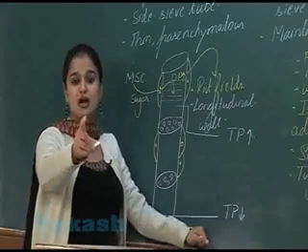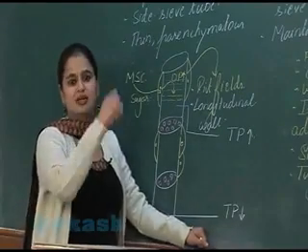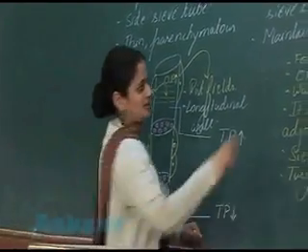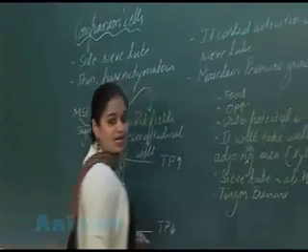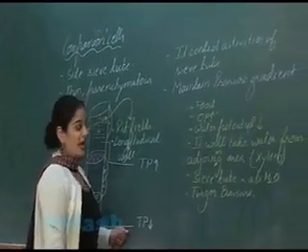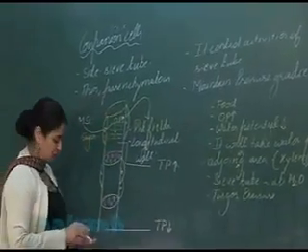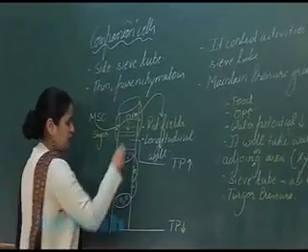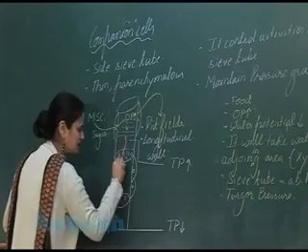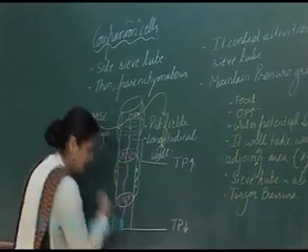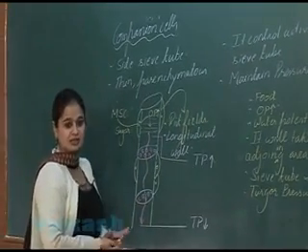There is formation of a pressure gradient. And due to this pressure gradient, now the food is pushed from one end of the sieve tube to the other end. Are you getting this?